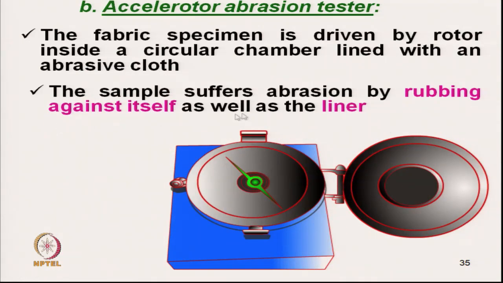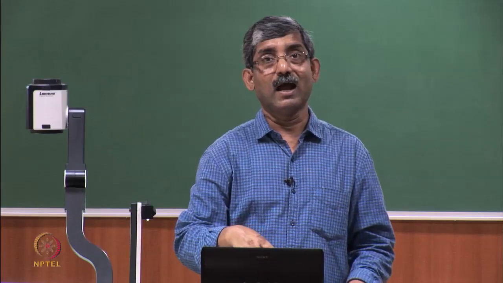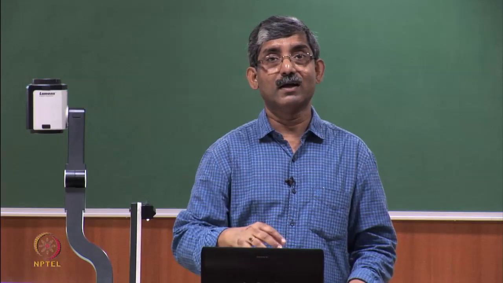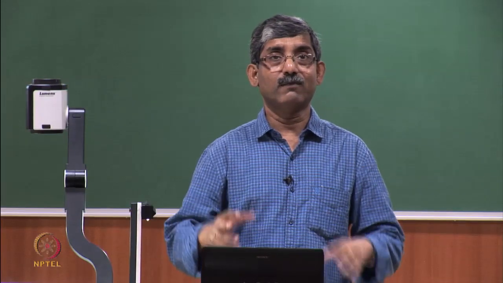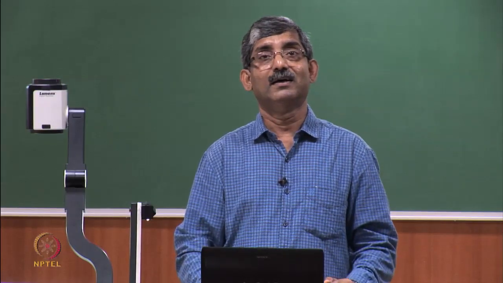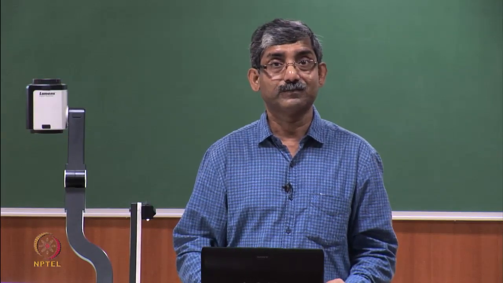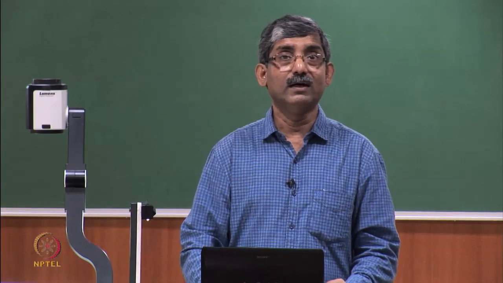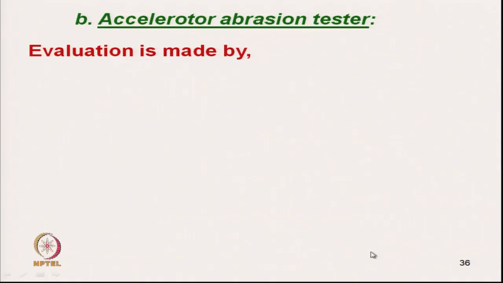The sample suffers abrasion by rubbing against itself, as well as against the abrasion liner. We put the loose fabric specimen, and then it is covered and the rotor is started. Then the fabric is tumbled and rubbed against itself and with the liner.